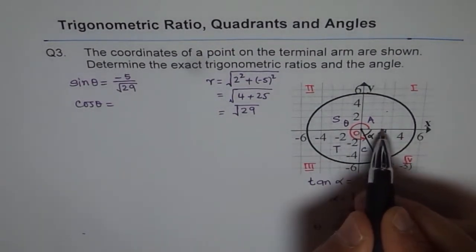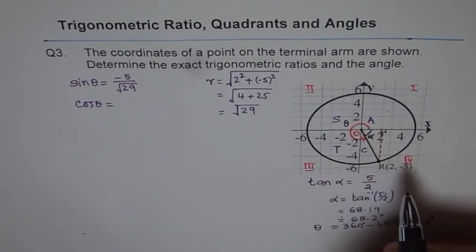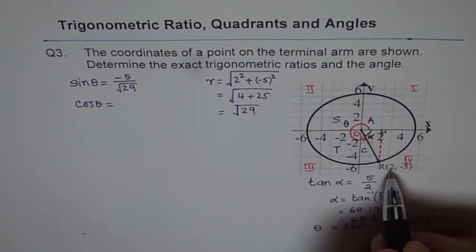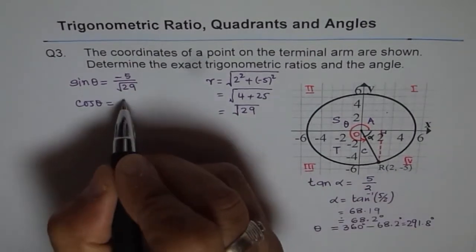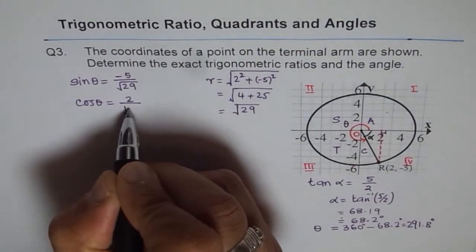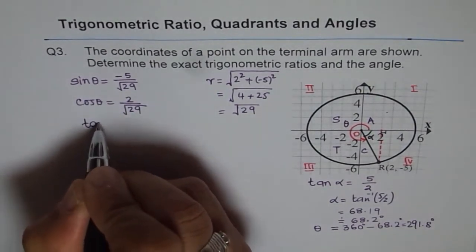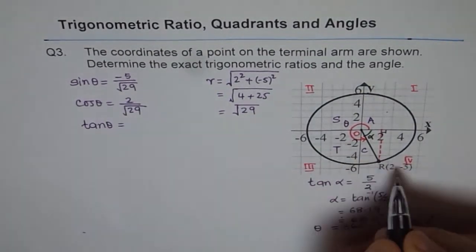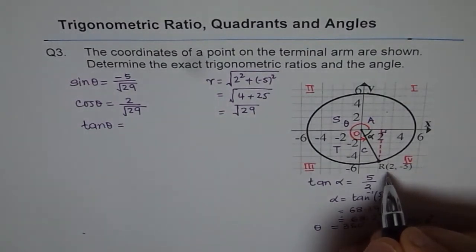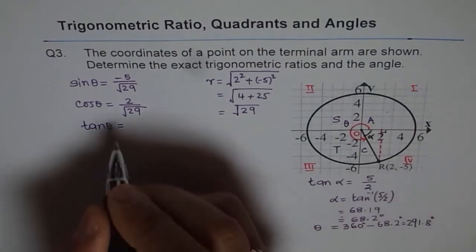It is the positive value of the base, which is the adjacent side, over hypotenuse. Adjacent is 2, the x value, so it is 2 over square root of 29. How about tan theta? Tan theta is the ratio of these coordinates, y over x: minus 5 over 2.